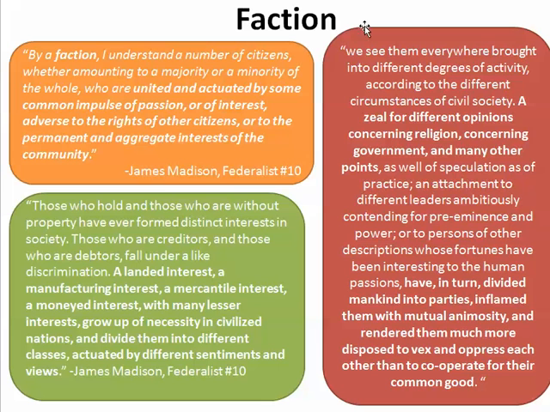And then here's a third way he defines this word, faction. We see them everywhere, brought into different degrees of activity according to the different circumstances of civil society, a zeal for different opinions concerning religion, concerning government, and many other points, as well as of speculation, as of practice, and attachment to different leaders ambitiously contending for preeminence and power, or to persons of other descriptions whose fortunes have been interesting to the human passions, have in turn divided mankind into parties, inflamed them with mutual animosity, and rendered them much more disposed to vex and oppress each other than to cooperate for their common good.